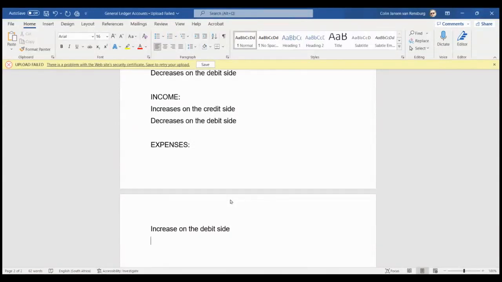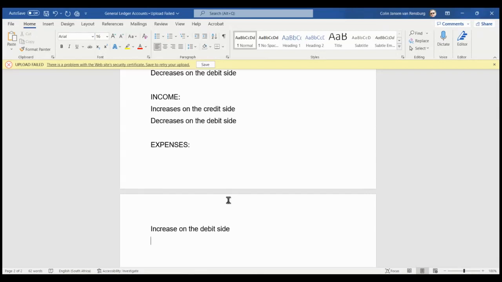Once again, like with income, it doesn't often happen that an expense will decrease because these are nominal accounts. You are basically accumulating your income on an account, and you are accumulating all your various expenses on the expense accounts. So there won't normally be a decrease in an expense account, but it is possible later on during the course of this year when we talk about accruals, when we look at our year-end adjustments.